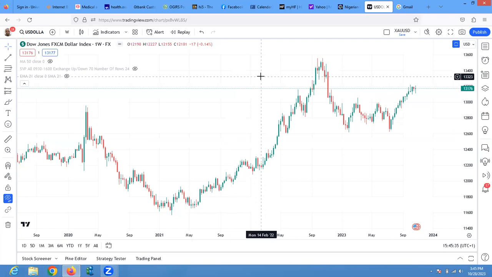I'm starting with the US dollar index. Note that the market does not do you any favors, so you must always be thinking in the alternative. What if the market is trying to go up, or what if the market is trying to come down?